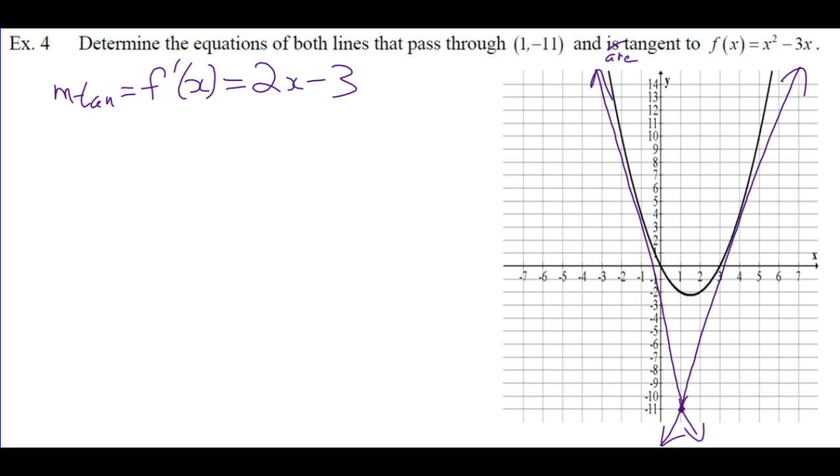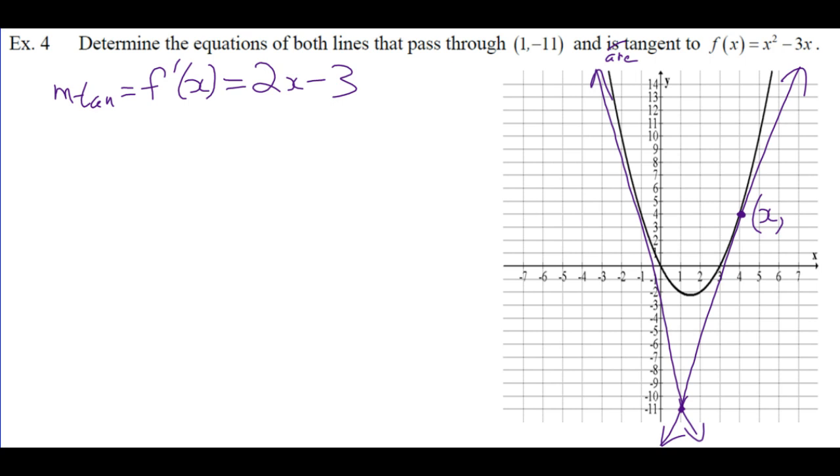But what else do we know? Well, we know that the slope of this line passing through this point is, so somewhere there's a point on this graph, right? And it has coordinates x and what? F of x, be more specific.